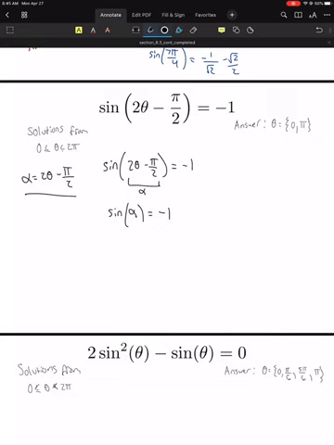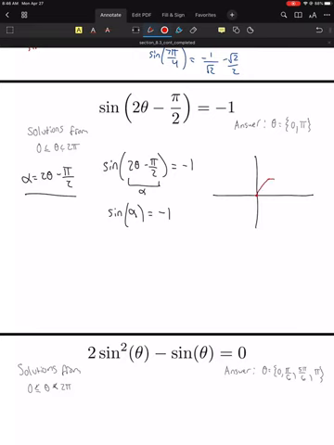-1 results from a quadrantal angle, okay? So there's no special triangle that'll get you -1. We need to think about it another way. So maybe the easiest is to think about how sine looks. The sine of theta starts at 0 here.